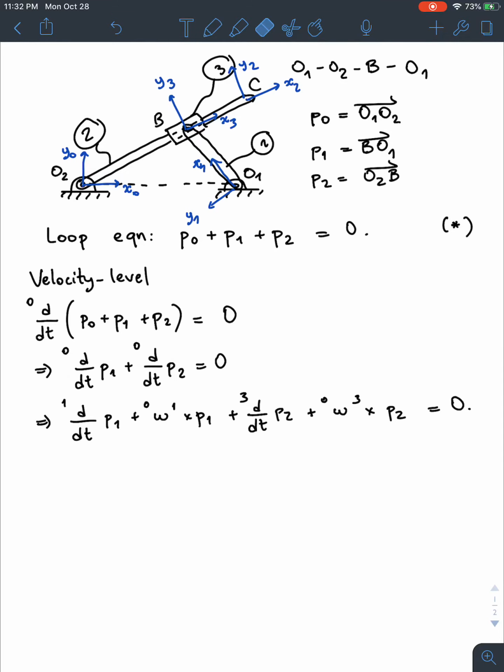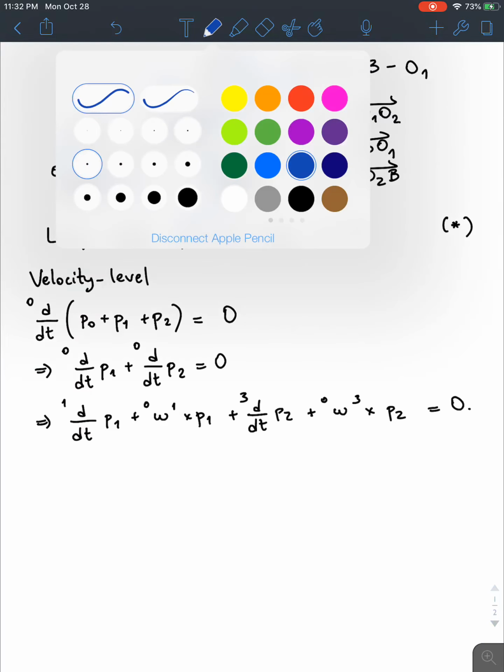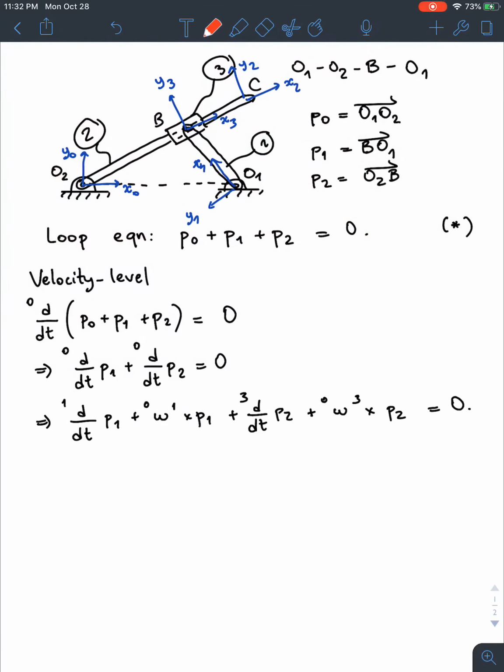And since the derivative of p1 in frame 1 is 0, because the vector p1 is fixed in 1, we're left with these three terms here.